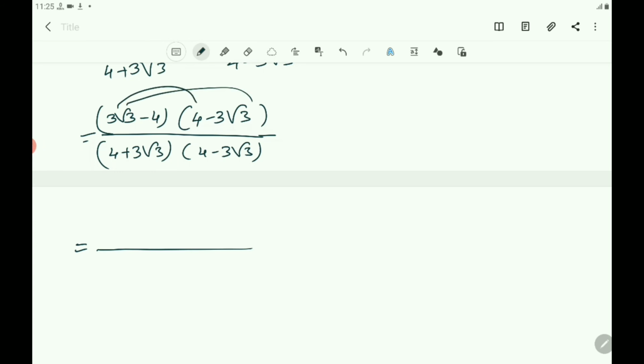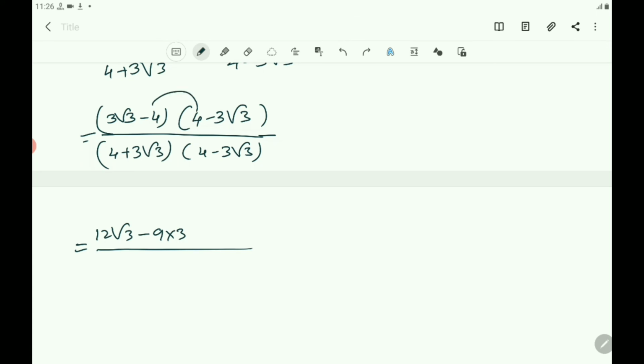First you multiply 4 minus 3 root 3 by 3 root 3. So 3 root 3 into 4 is 12 root 3. Again 3 root 3 into 3 root 3 is minus 9 into 3, since 3 into 3 is 9 and root 3 into root 3 is 3.